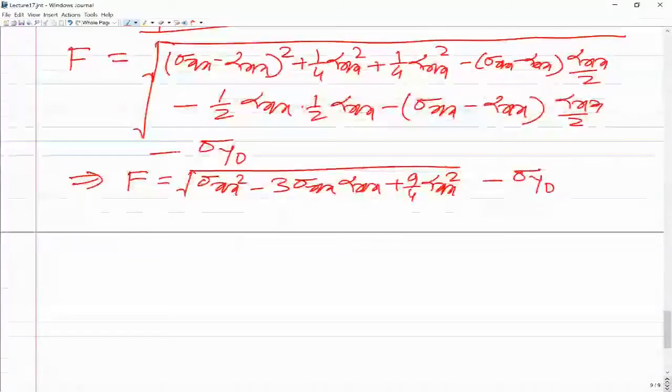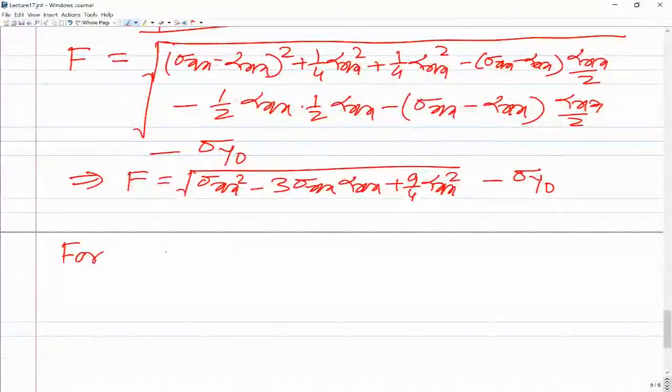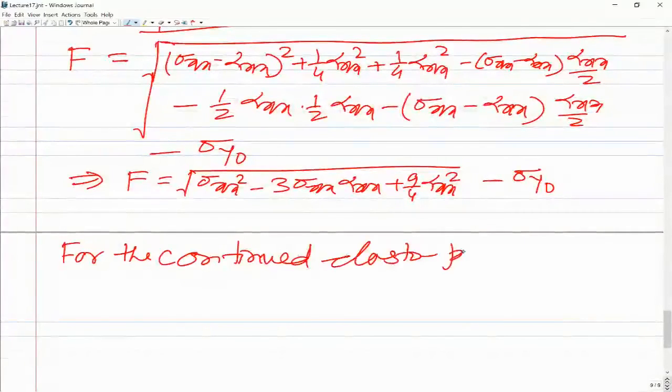And now, for the continued elastoplastic loading, the consistency condition for this uniaxial loading case with kinematic hardening: we will have f equal to 0.